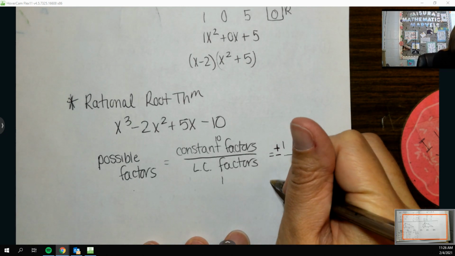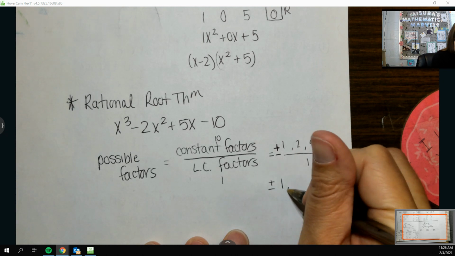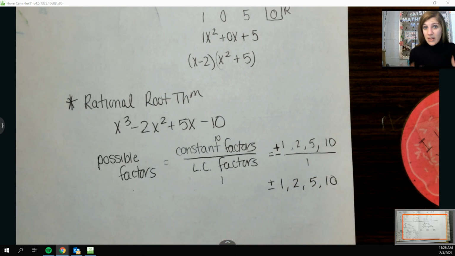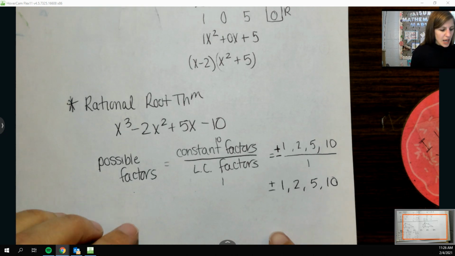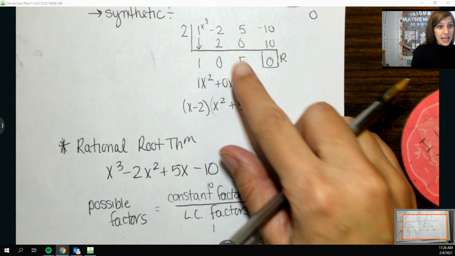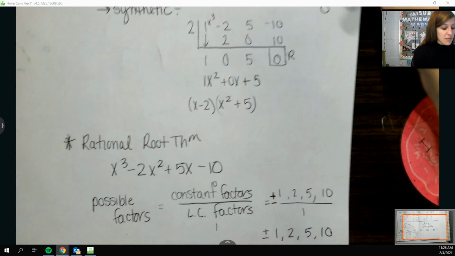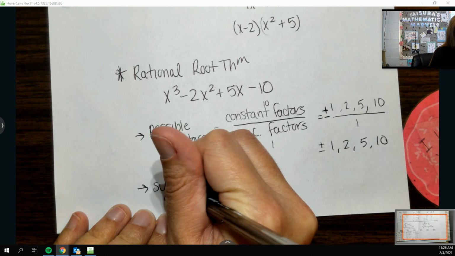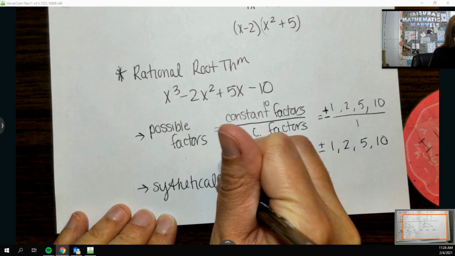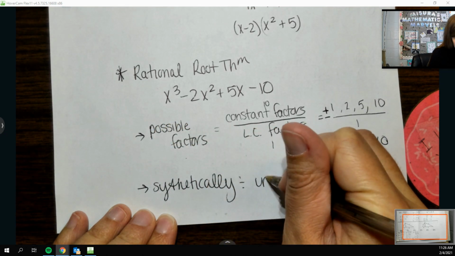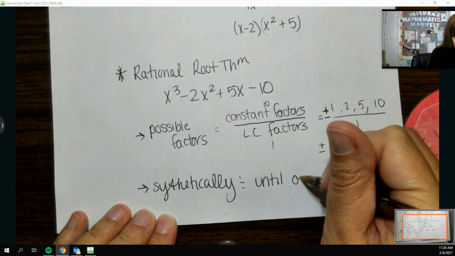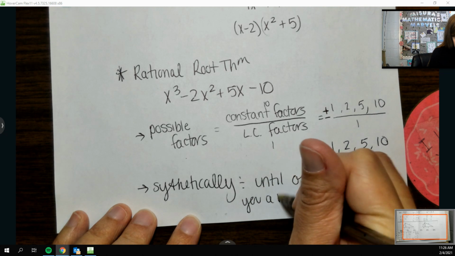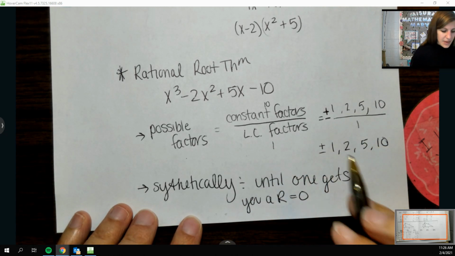So once you know that your possible factors are plus or minus 1, 2, 5, and 10, then the quickest way to find one is to synthetically divide until I find one with a remainder of 0.